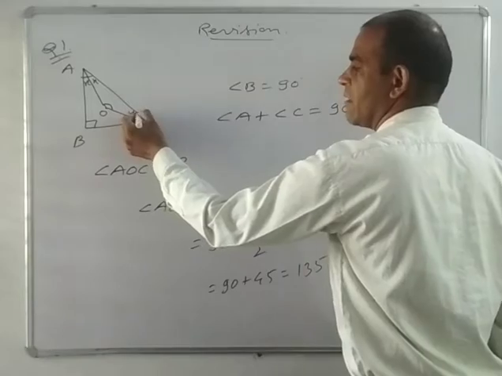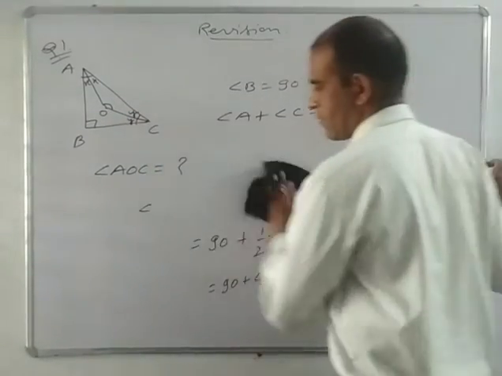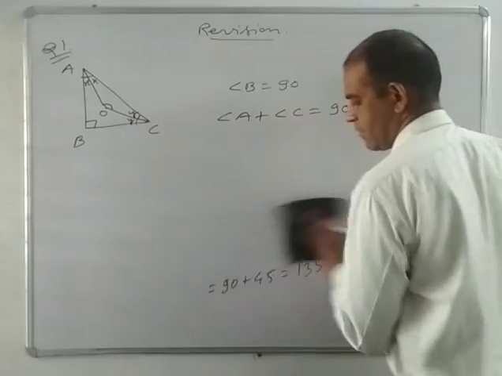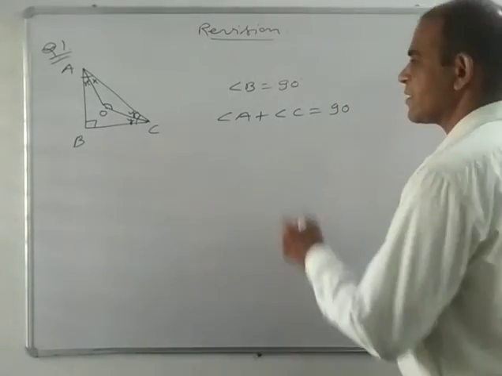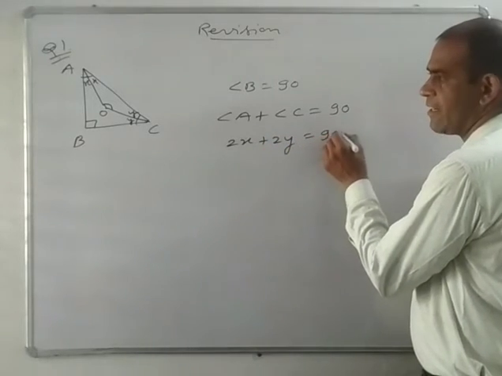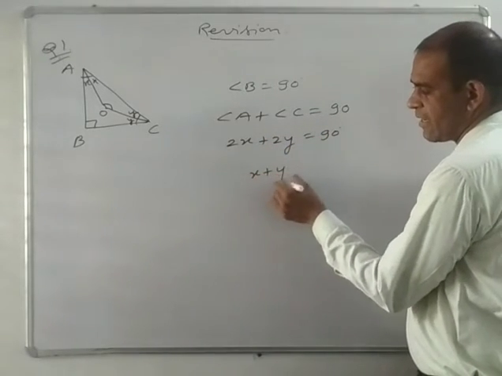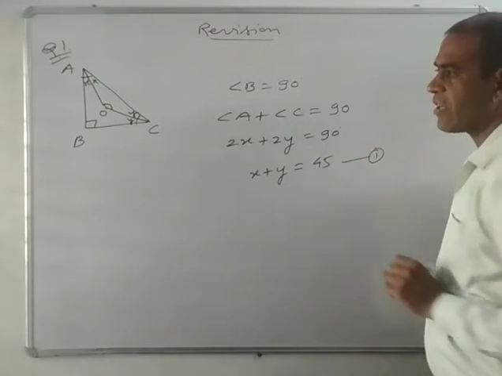These angles are equal. So 2x plus 2y is 90 degrees. Then x plus y is 45 degrees. This will be equation 1.